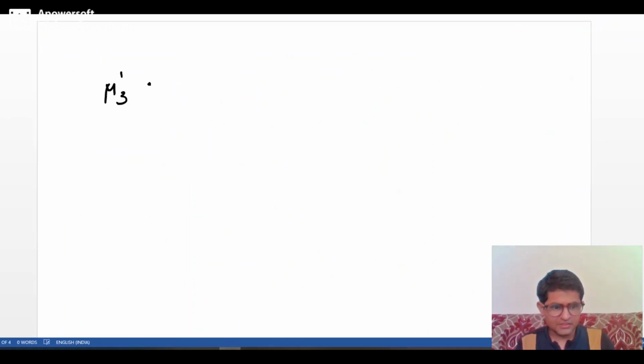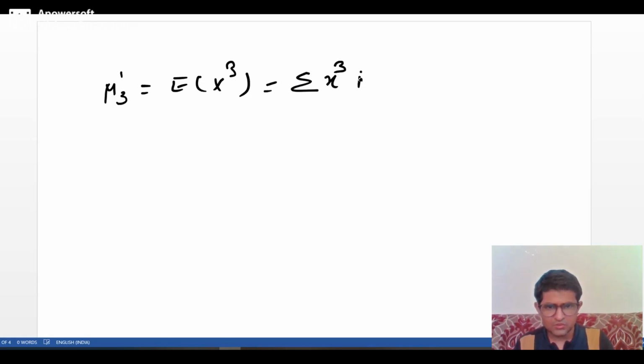Mu3 dash means expectation of x cube. Or you may write expectation as the summation of x cube multiplied by the probability of the random variable x, with x from 0 to n.